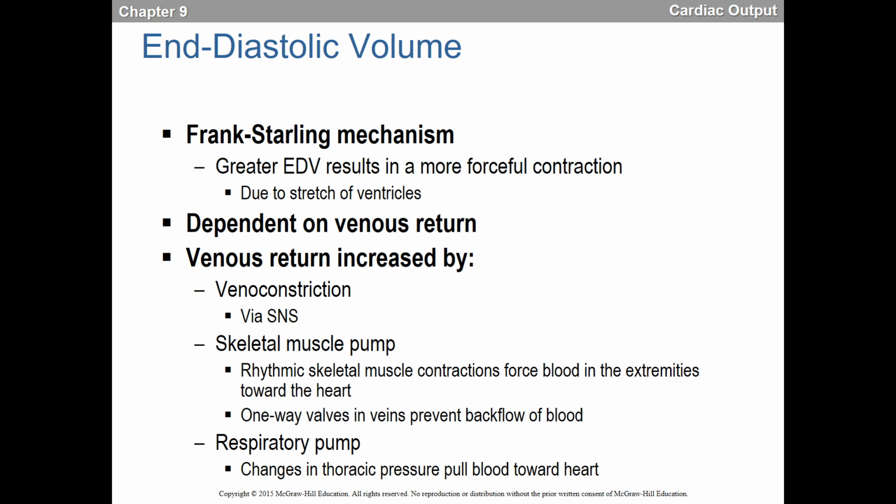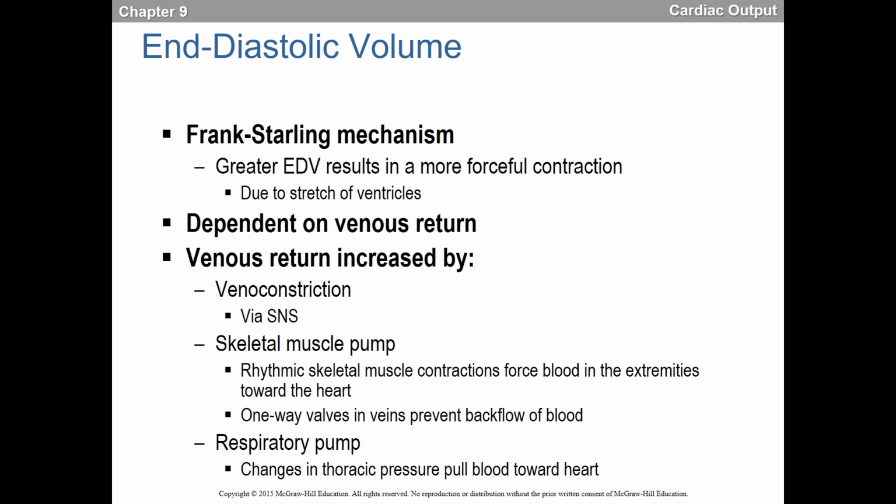So if we effectively push more blood into the left ventricle, then there's going to be a recoiling effect where more blood will be pumped out, like a left ventricular contraction or the stroke volume of it.